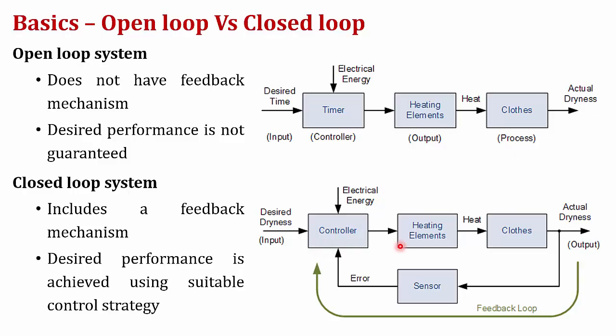Based on that, the heating element will act and the clothes will be dried. So here the output is dependent on the input. This is said to be a control system because we have feedback here.